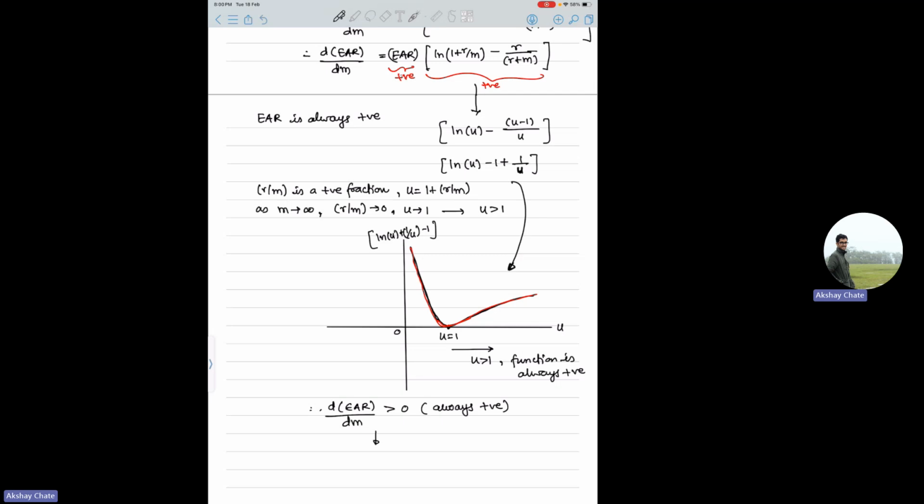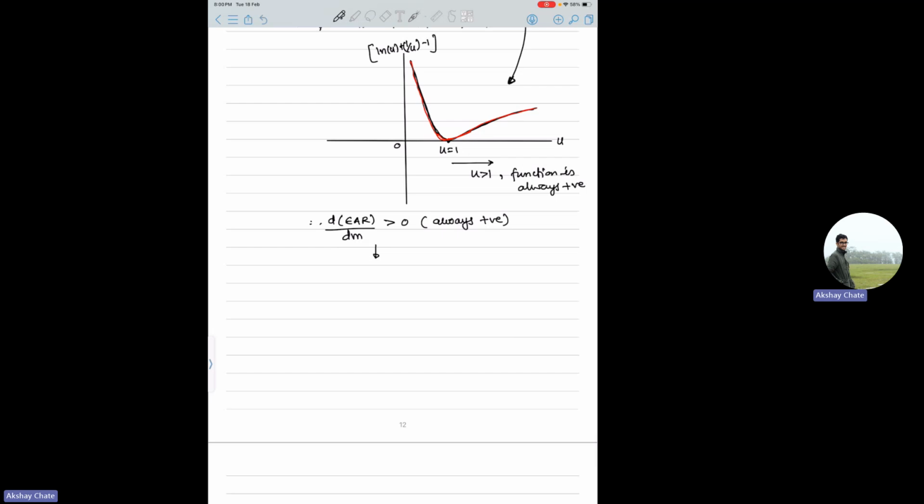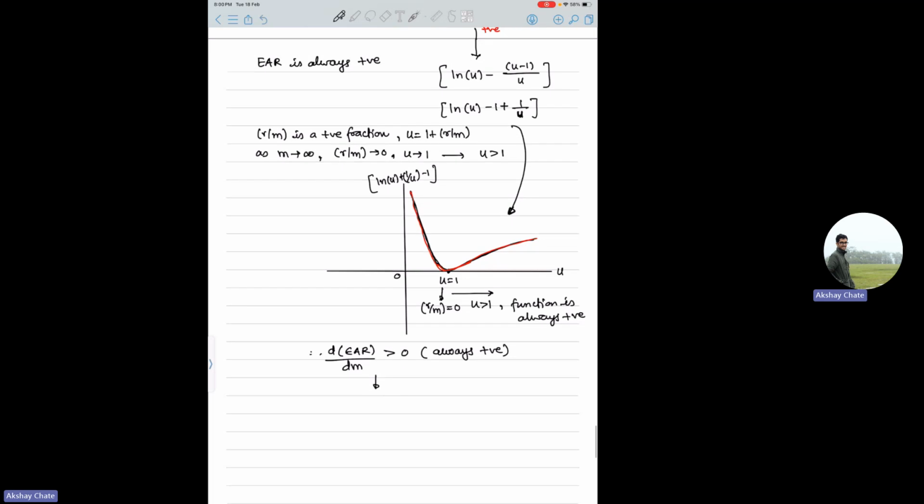You'll see that U equal to 1 is the critical point, and if you take the second derivative, that derivative will come positive. So in that case, you have a minima at U equal to 1. So when you say U equal to 1, that means R by M equals 0, right? Because U is 1 plus R by M.